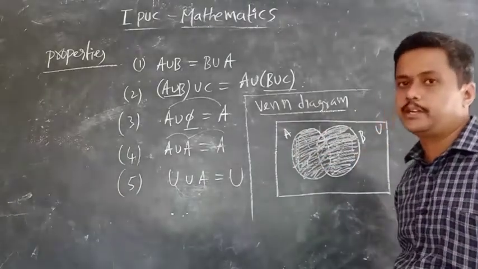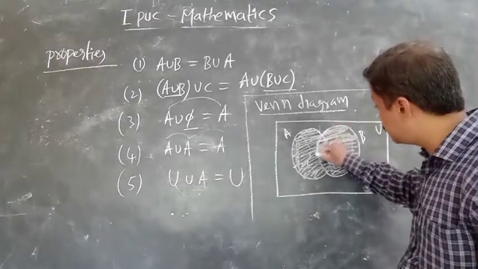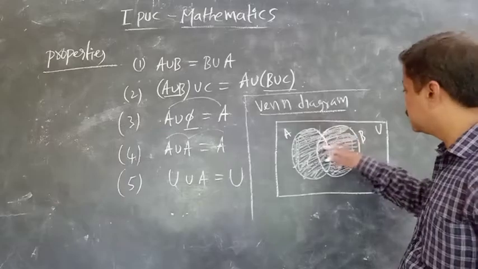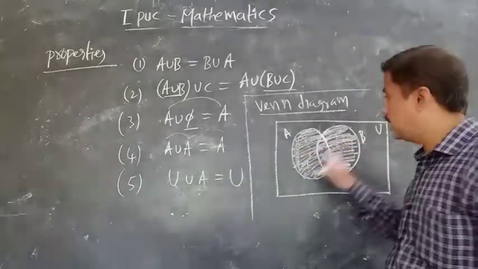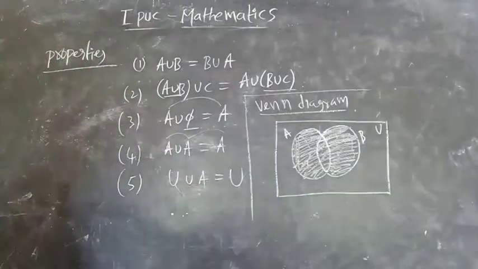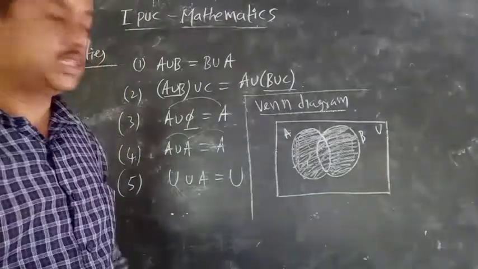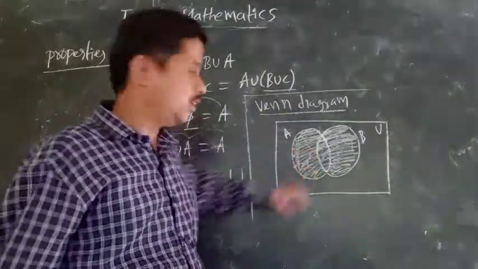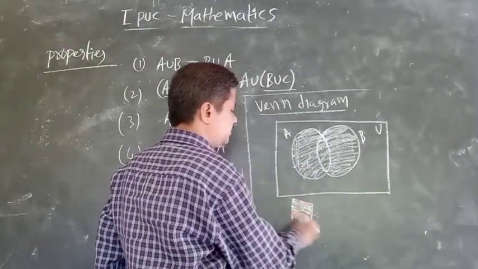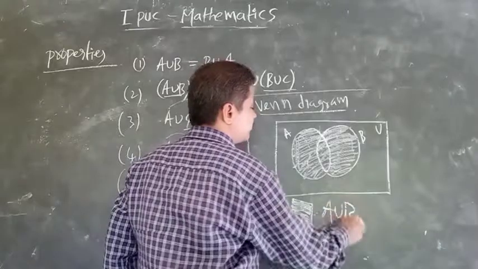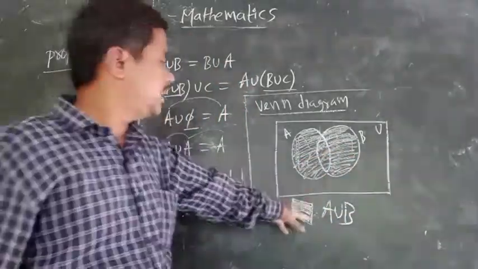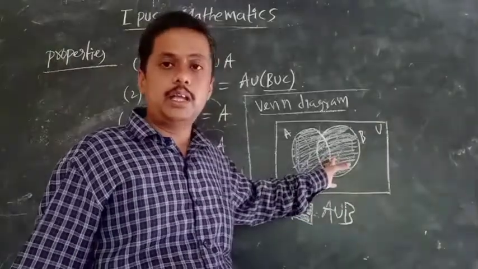A union B. We call the whole shaded part A union B, understand? So this shaded part is known as A union B.